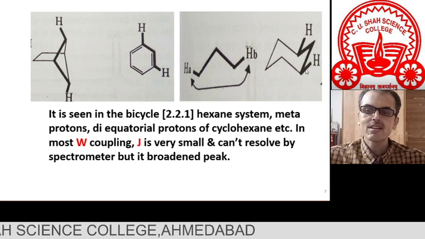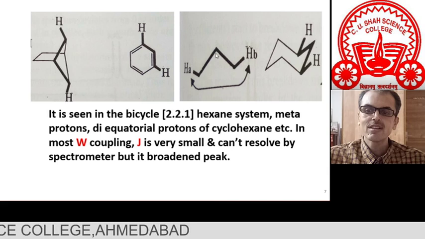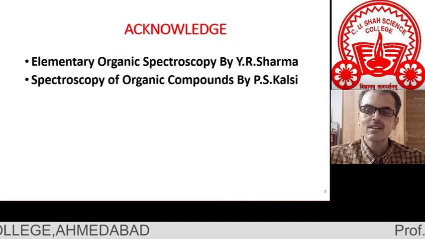So long range coupling is also seen in these compounds. So this is really interesting. Otherwise, as we told, in normal circumstances, when coupled protons are separated by 3 or more covalent bonds, there is no coupling between them.